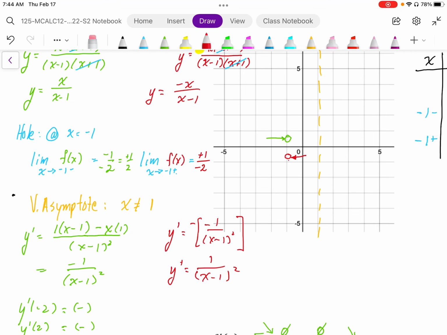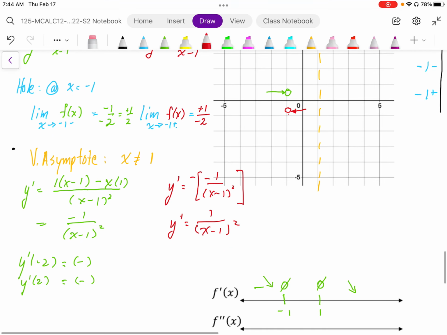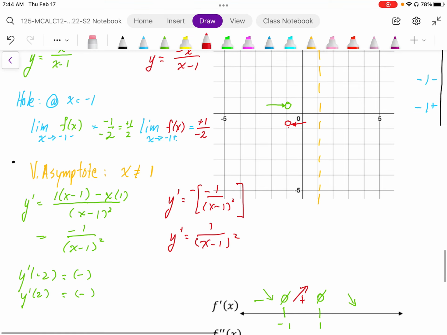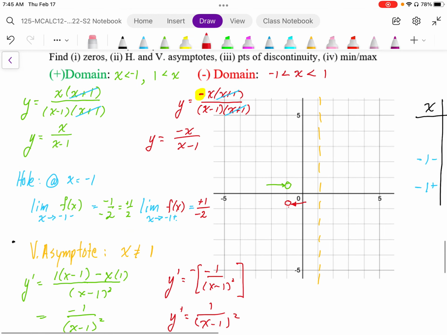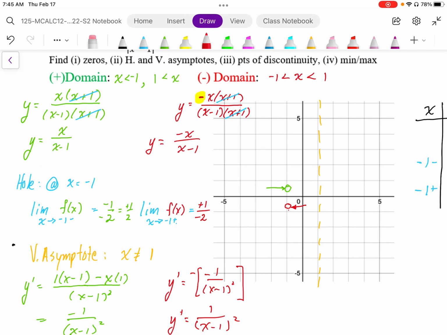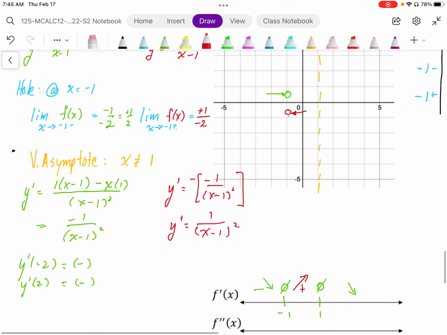In fact, it's positive throughout. So if I plug in 0 into that, I'm going to end up with a positive slope through here. So it's going to slope positively towards the vertical asymptote. It's going to slope negatively away from the vertical asymptote. So that, in fact, is going to give us an asymptote that is pointing the same direction on both sides.